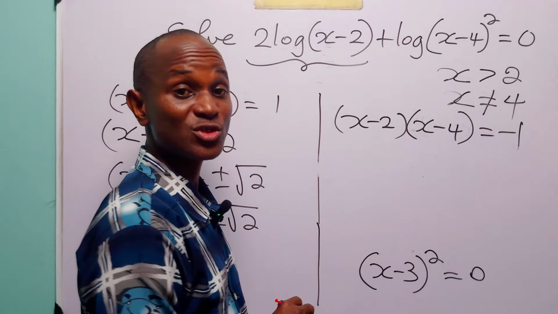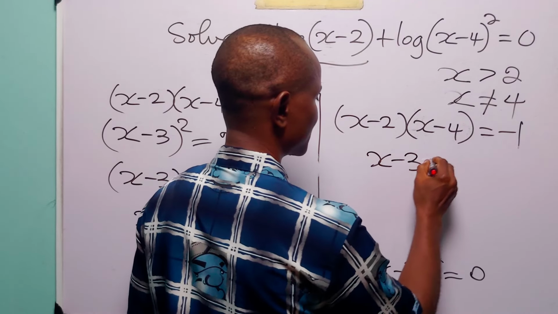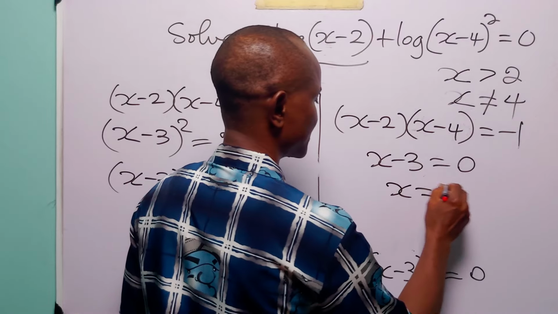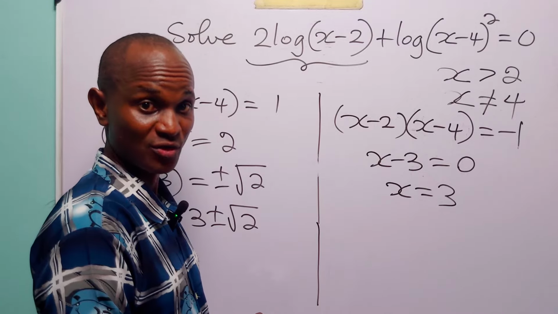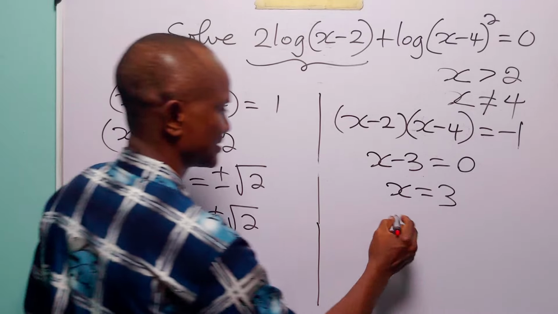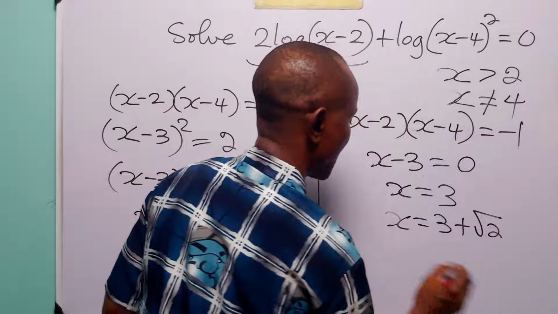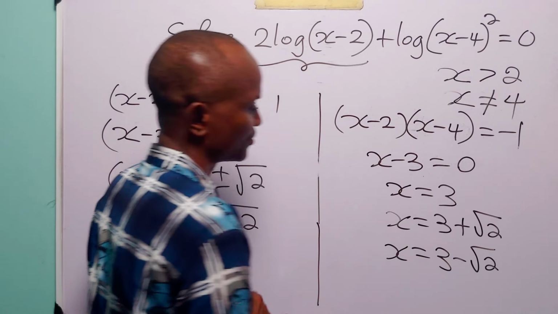And of course, when we take the square root of both sides of this equation, we have that x minus 3 is equal to 0. And from here, we have that x is equal to 3. So now we have three values of x. We have that x is equal to 3. x is equal to 3 plus root 2. And x is equal to 3 minus root 2.